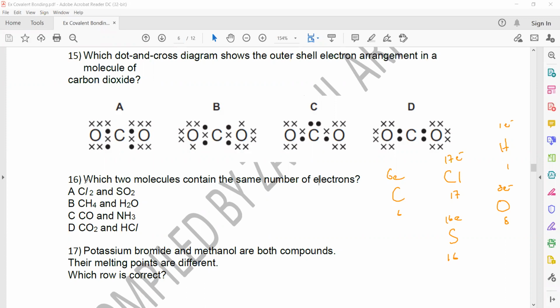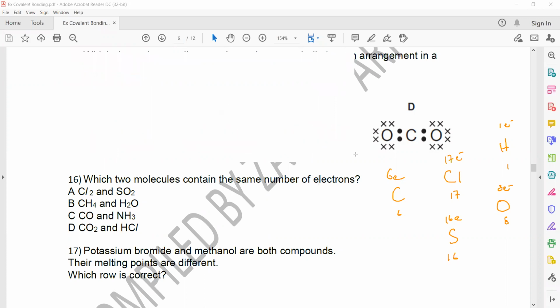So when we find the total number of electrons, because they're asking which has the same number of electrons, chlorine, which is Cl2. One chlorine has 17 electrons, so Cl2 means 2 chlorines, 17 multiplied by 2. So a chlorine molecule will have 34 electrons.